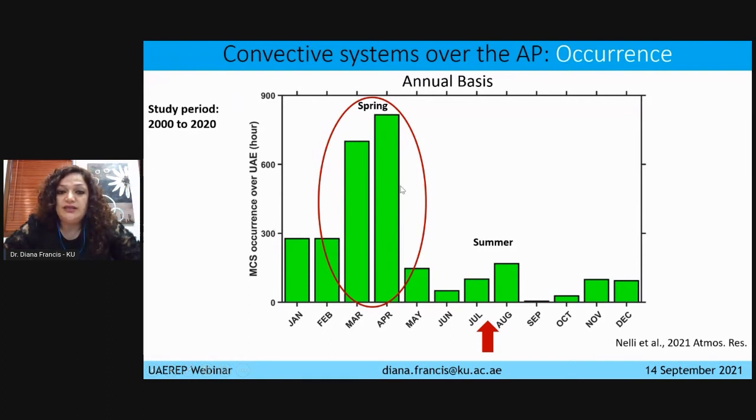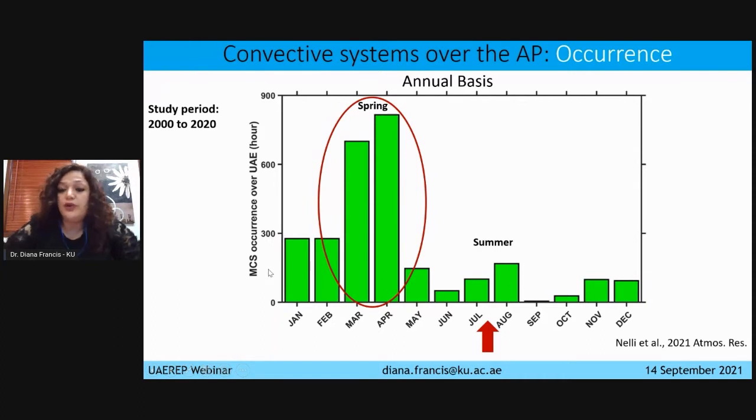And here we can see we have a peak in occurrence of mesoscale convective systems during spring and another peak during summer. It's very important to bear in mind that the type of mesoscale convective system is different, because the ones that occur during spring are of larger scale, whereas those developing during summer are more local.